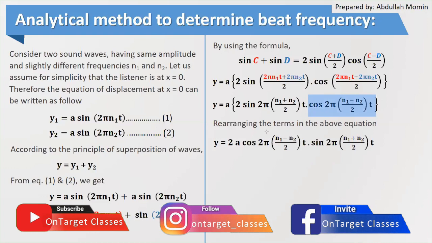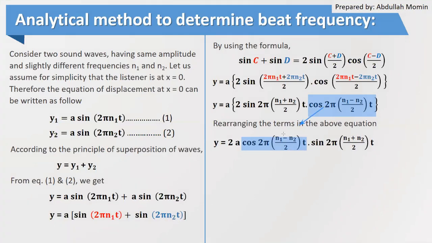This a into 2 we will write as 2a. So 2a cos 2 pi (n1 minus n2) divided by 2 t, and what is remaining we will write at last, that is sine 2 pi (n1 plus n2) divided by 2 into t. So we have rearranged the above equation and we have got this equation.